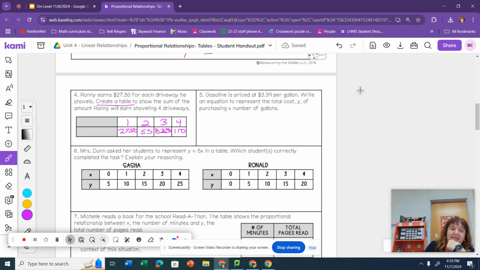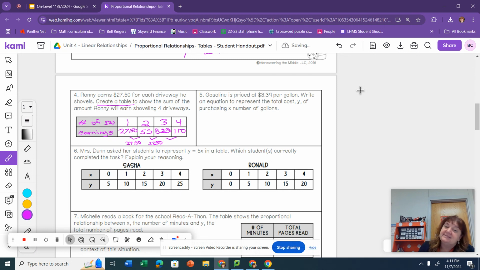Now, let's label this here. So, number of driveways. And then this one is earnings, how much he makes. Now, again, all I did was I added $27.50 each time. And that's how I got my next number.